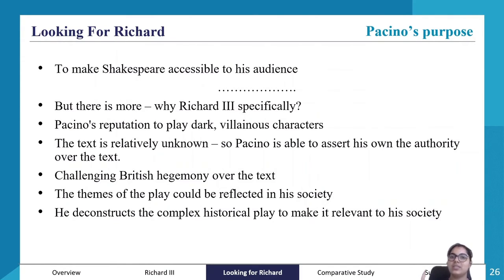And you can see the clear distinction between the two values. Pacino's audience, his 20th century democratic, secular, more than anything else, his secular audience is going to understand that this is a psychological issue. This has nothing to do with nature. This has nothing to do with the way he has been born. It's probably the way he's been treated by people, the way he looks at the world. It's in his thinking.